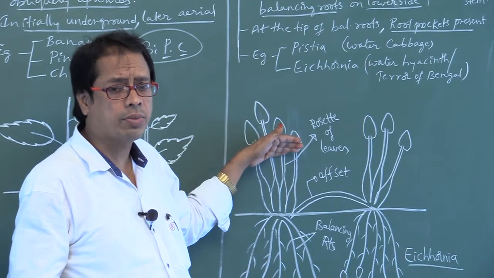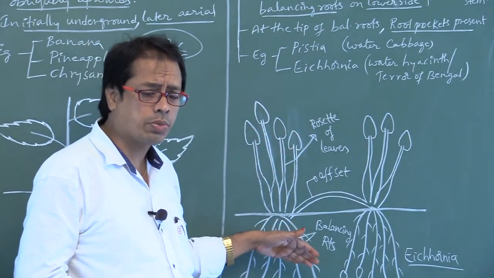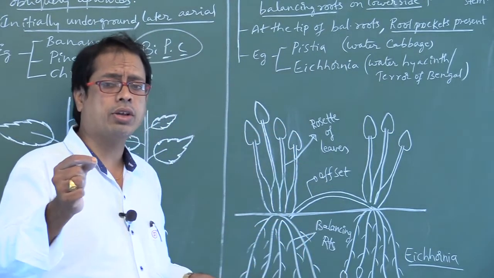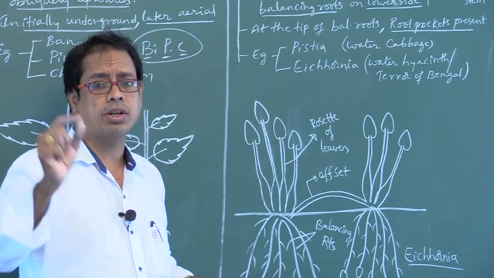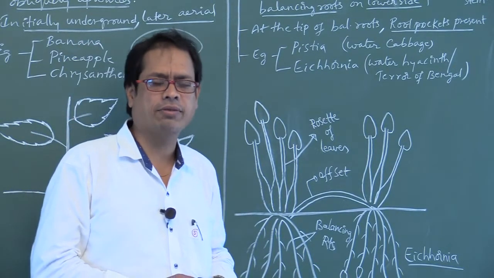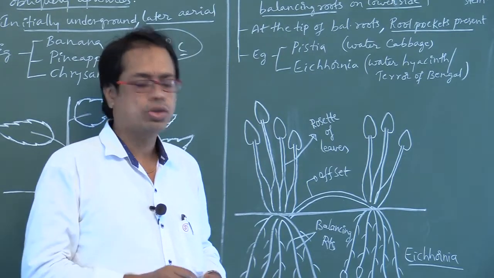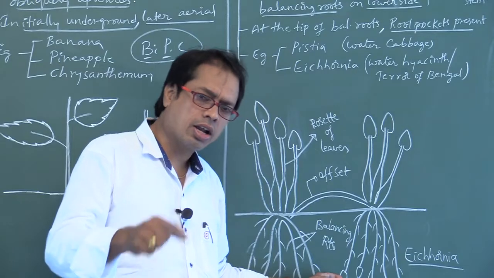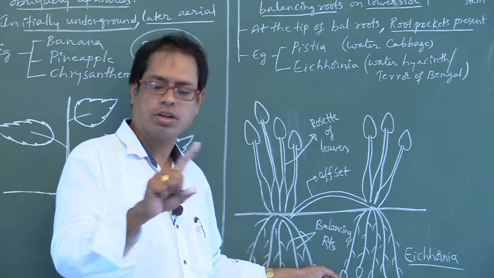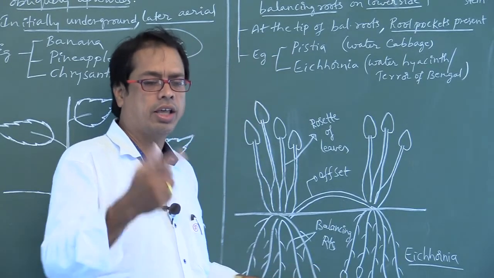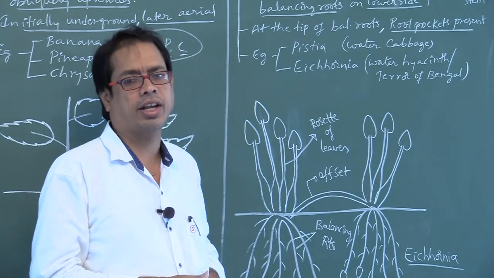Rosette of leaves present. Balancing roots present. At the tip of balancing roots, root pockets present. Root pockets are found in, a very important point, Pistia and Eichhornia. If root pockets are lost, can they be regenerated? No, because their meristematic region is absent.